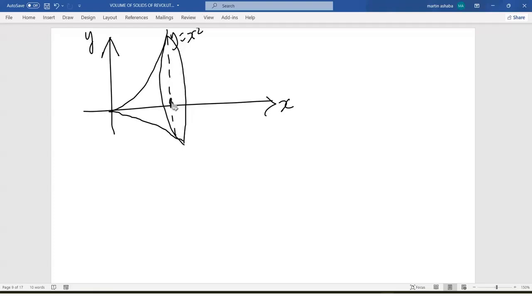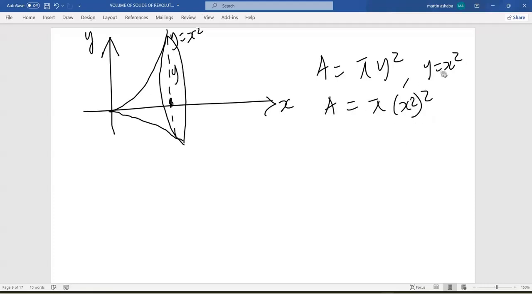So the radius is going to be also defined by y, and therefore the area will be pi y squared. But y is equal to x squared, so area will be pi into x squared to power 2. So area will be pi x to power 4.